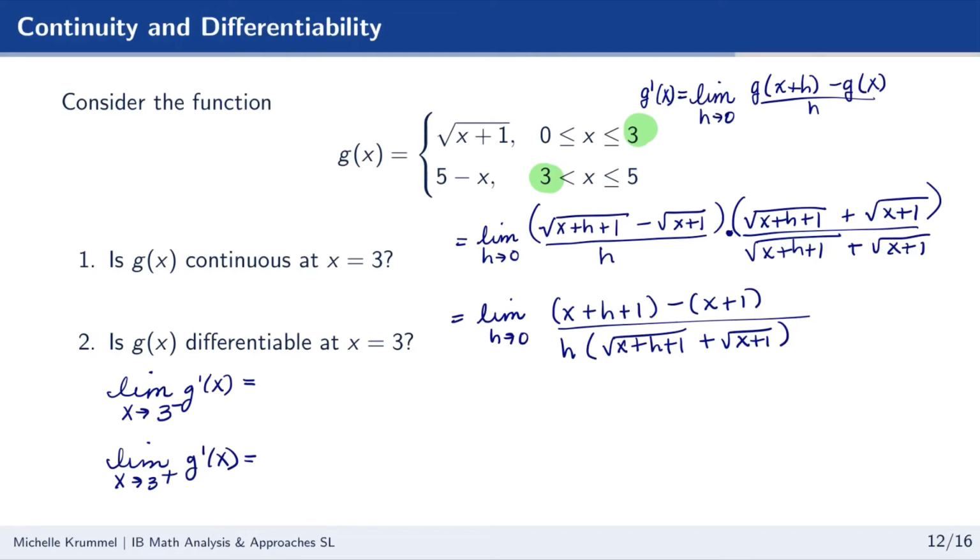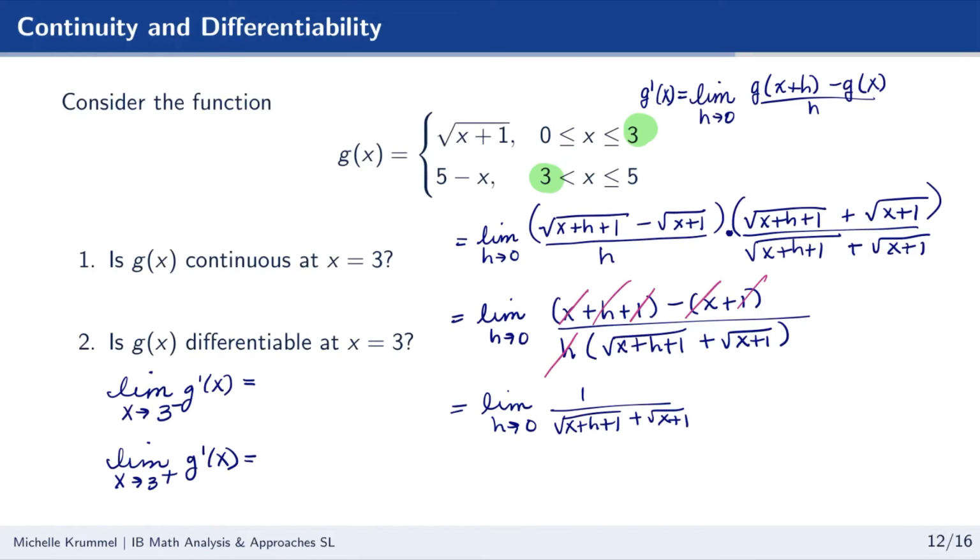So in the numerator, that's going to simplify nicely. We've got x minus x, and we've got 1 minus 1. So all that's left in the numerator is h, and that h is going to cancel with that h. So limit as h approaches 0 of 1 over the square root of x plus h plus 1 plus the square root of x plus 1.